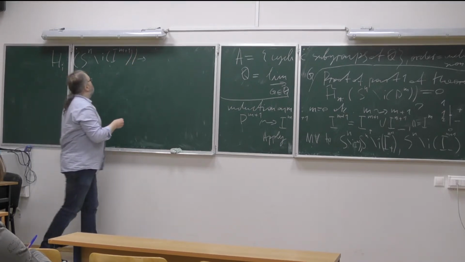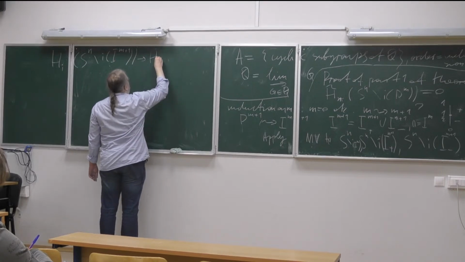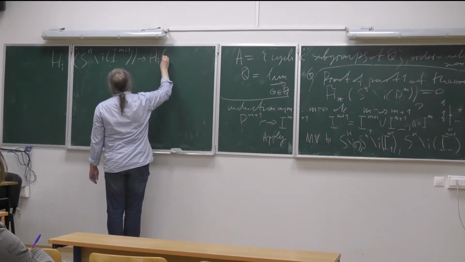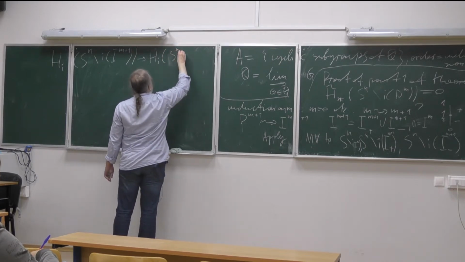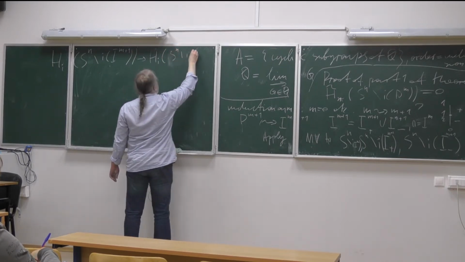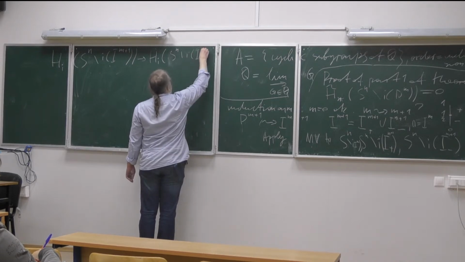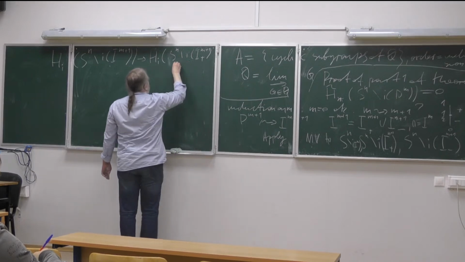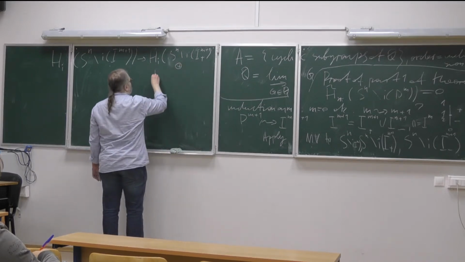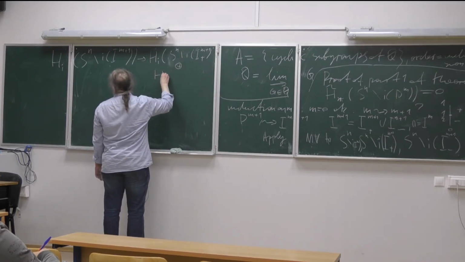And this goes to the sum of the reduced homology of S^n minus I of I^(m+1)+ plus S^n minus I of I^(m+1)-.